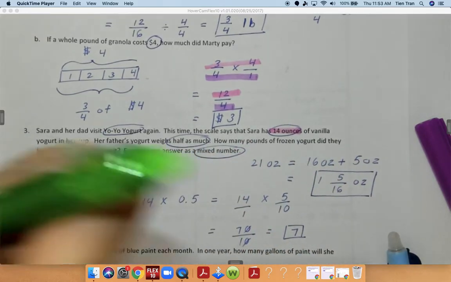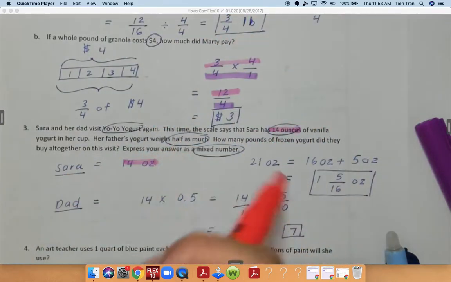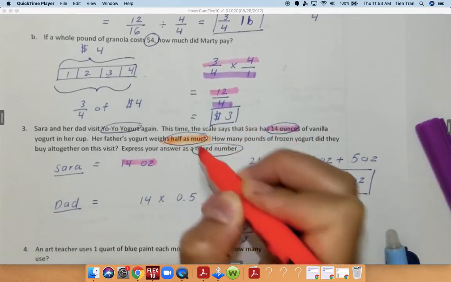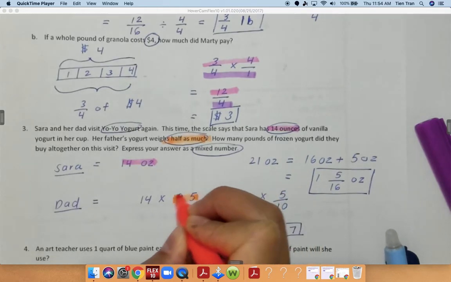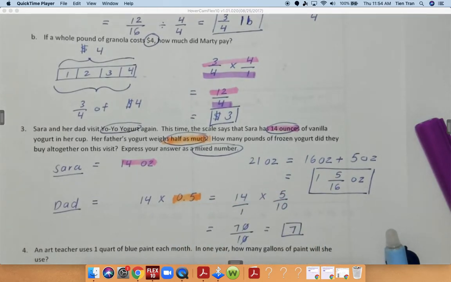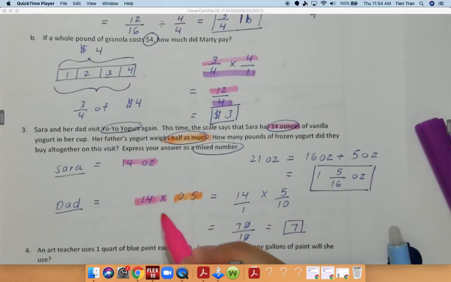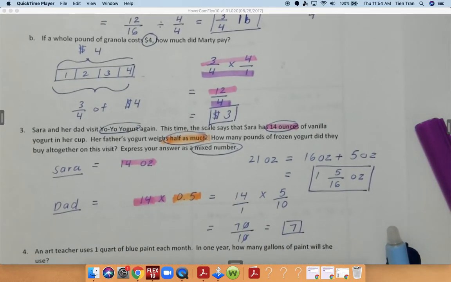Now the dad, we just know that it is half as much. So half as much means half of whatever Sarah received. So we have 14, which is half as much. So we're going to write 0.5. So 14 times 0.5, where did I get 14 from? From Sarah's, because we know that he got half as much as Sarah's.